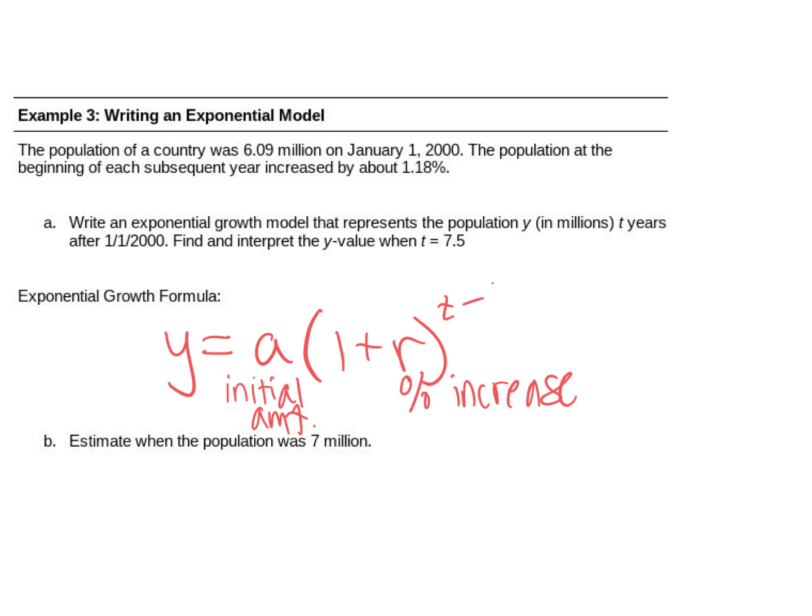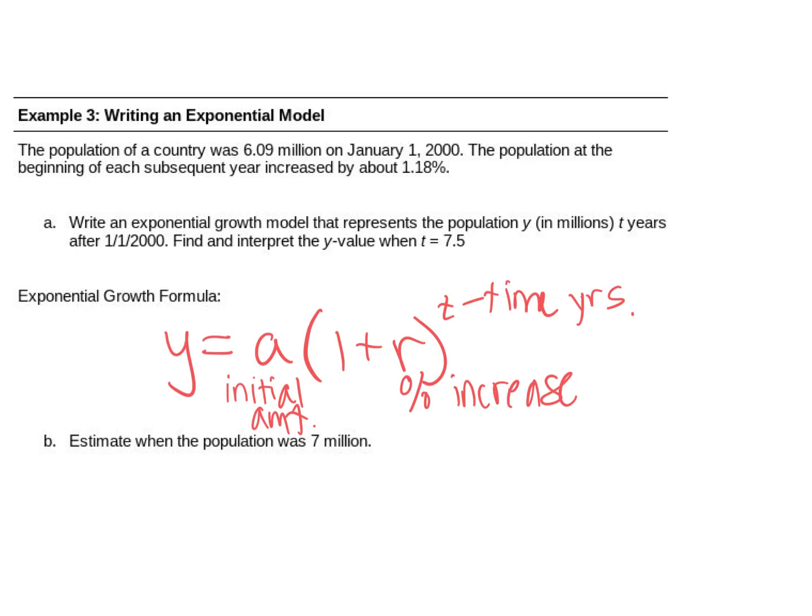And T is time in years. Okay? So, we want to write an exponential growth model that represents the population Y, T years after January 1st, 2000. Find and interpret the Y value when T is 7.5.